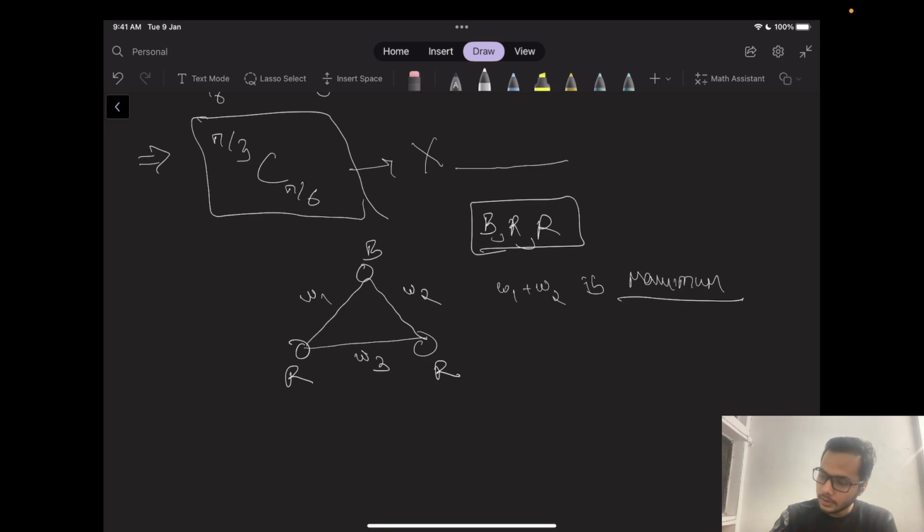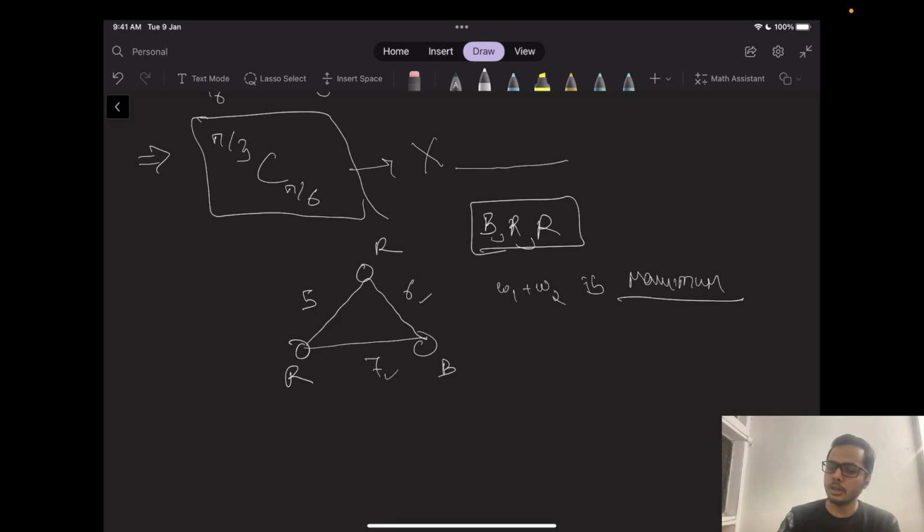So let's say these values are 5, 6, and 7. If all these three values are distinct, then there is exactly one way to color these. That is to color this one as blue, this one will be blue, and these two will be red. Reason being that this 6 and 7 is the only combination of edges that we want.